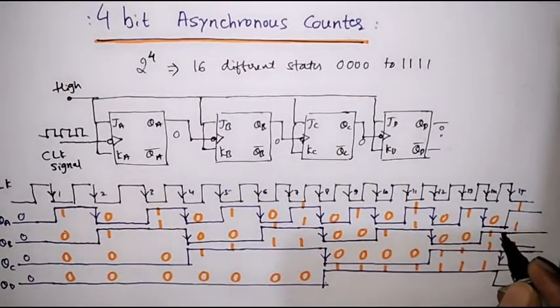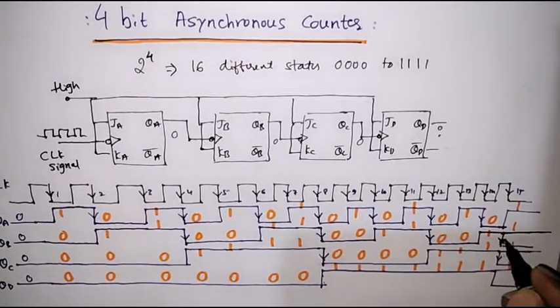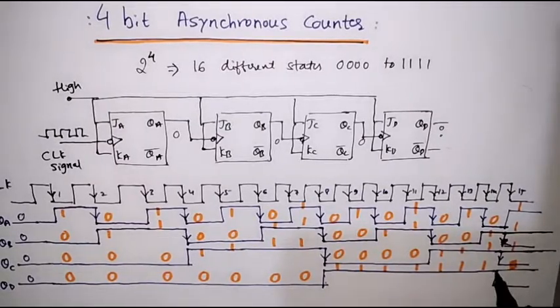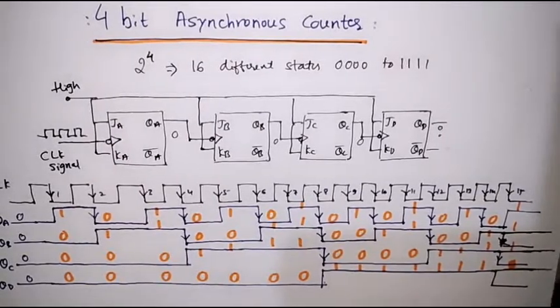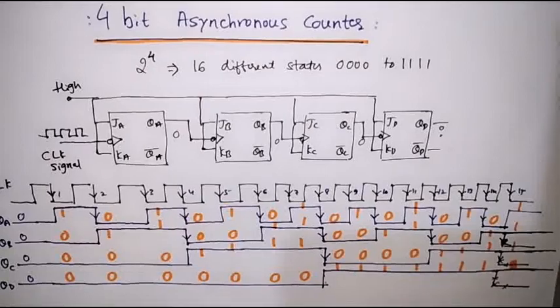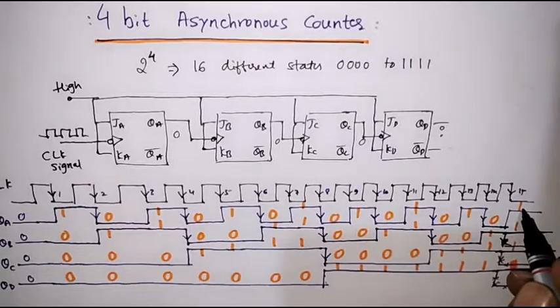Sorry, this is supposed to be 1 here. This state will continue, and this state will continue. Therefore, at the 15th clock pulse, we'll get the output as 1, 1, 1 and 1.